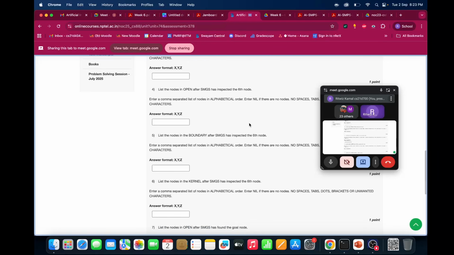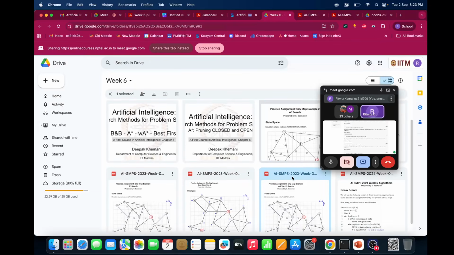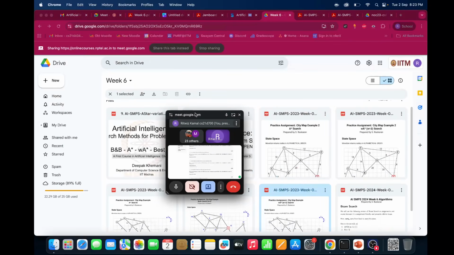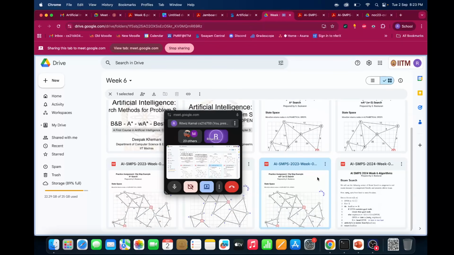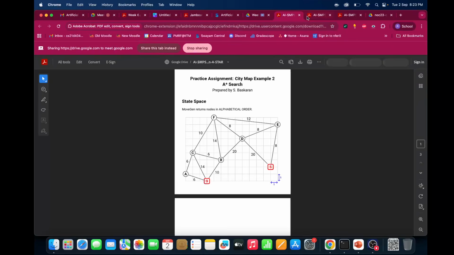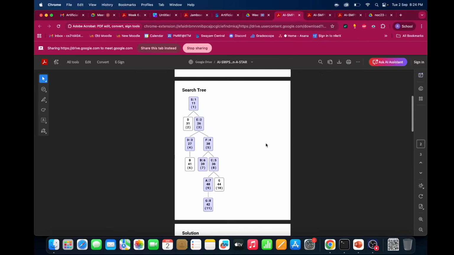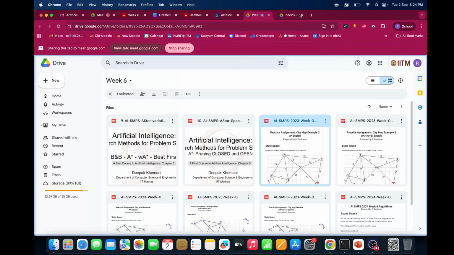Okay. Well, let's see if we have a solution for this as well. So this is A star. Okay, not given.